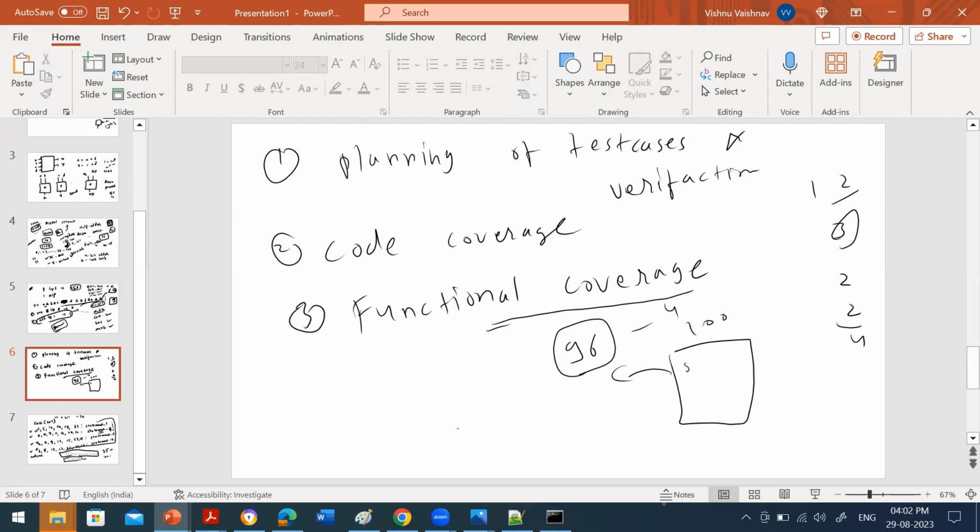I'm working right now on a project where it takes 4 hours for one test case to run, and after that it takes 15 minutes to half an hour for me to observe the waveform, see what outputs are coming, and confirm whether the outputs are correct or not.